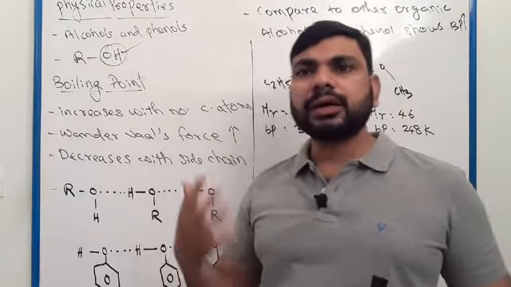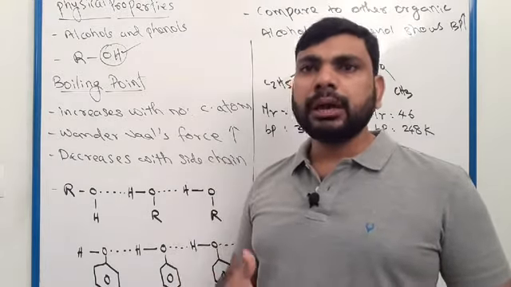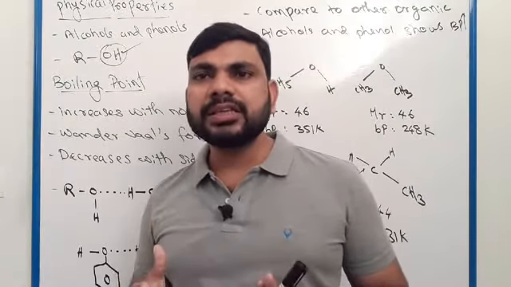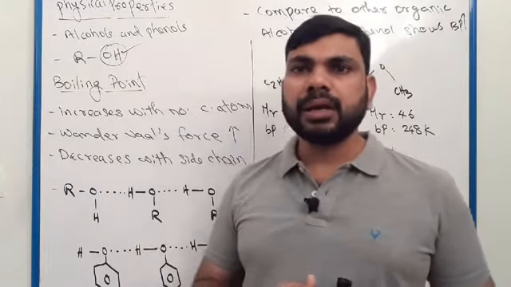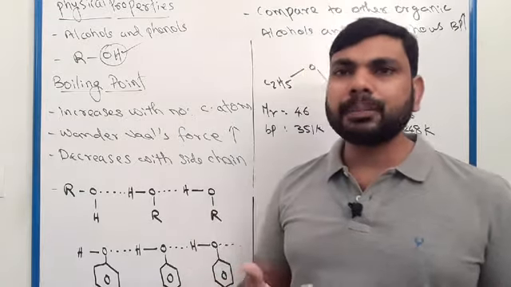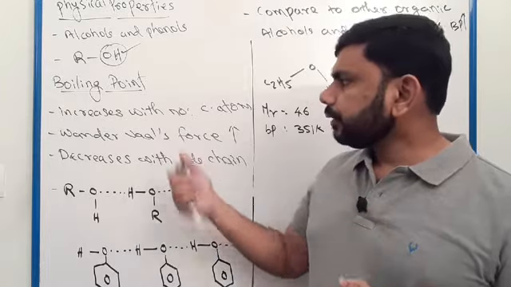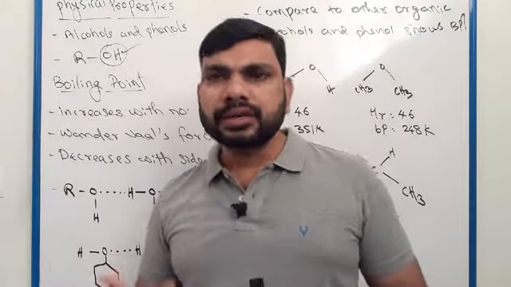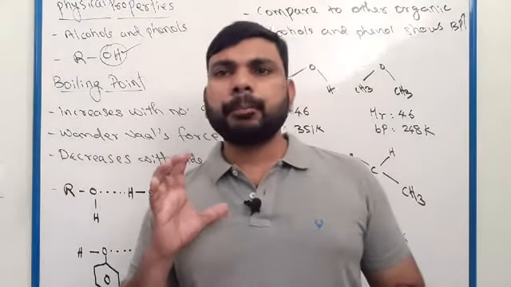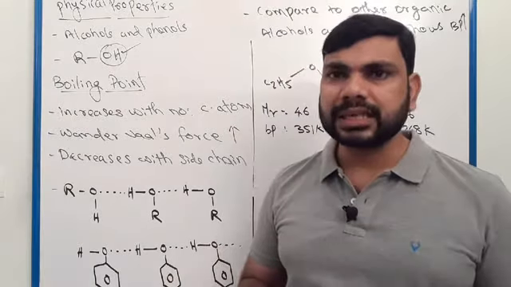Alcohol with a higher number of carbon atoms shows higher melting and boiling point, because van der Waals force of attraction increases with the increasing number of carbon atoms. That's why boiling point increases.